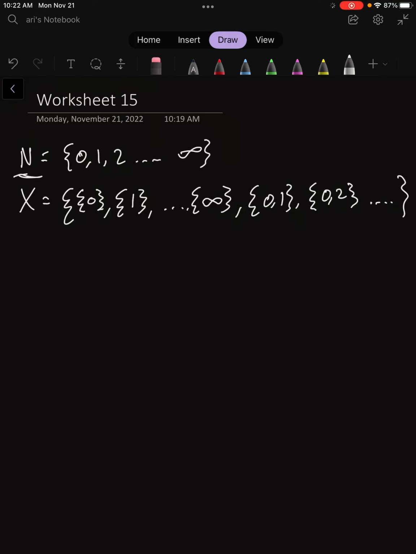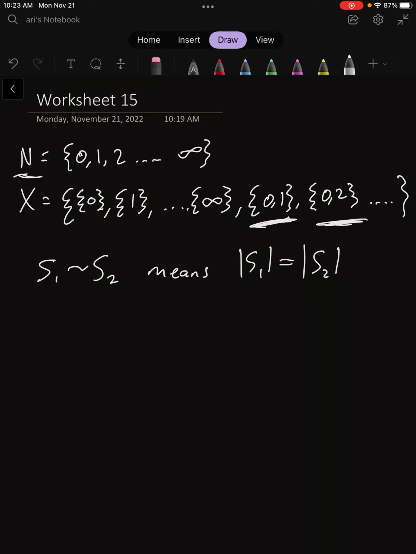And we wanted to find a relation on elements of X. So we're going to take a couple elements of X. Let's say this is one of the elements and that's one of the elements. And S1 tilde S2 means that the cardinality of S1 equals the cardinality of S2.